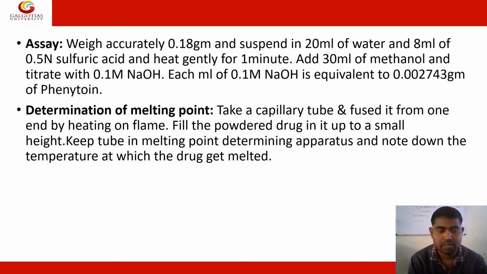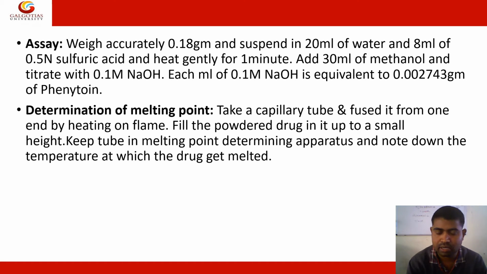Now comes the next process, that is assay. As you all know, the assay is a quantitative analysis of any compound. So in the assay portion, you just have to weigh accurately 0.1 gram of phenytoin sample and suspend it in 20 ml of water and 8 ml of 0.5 normality sulfuric acid, and heat it gently for at least 1 or 2 minutes.